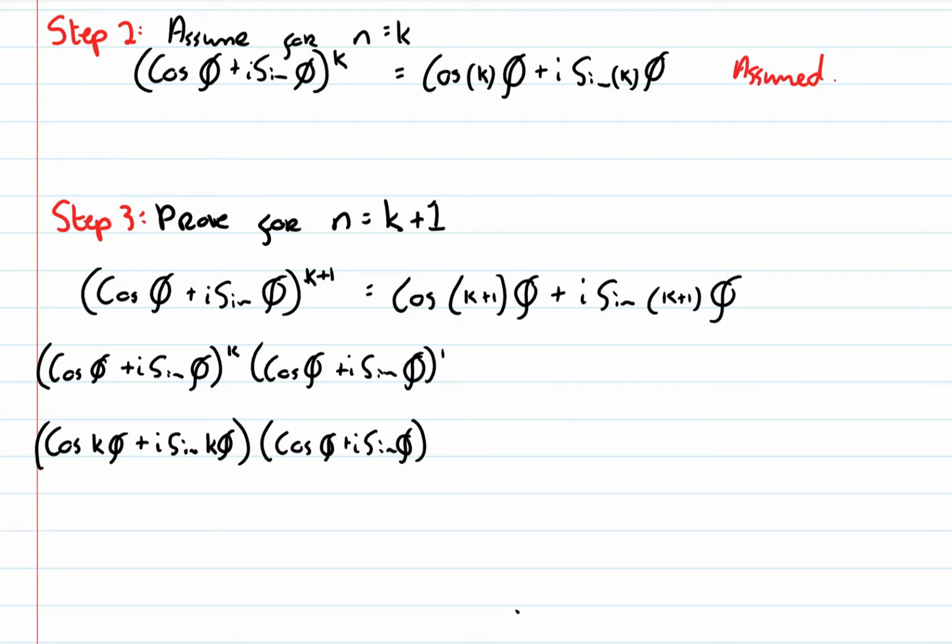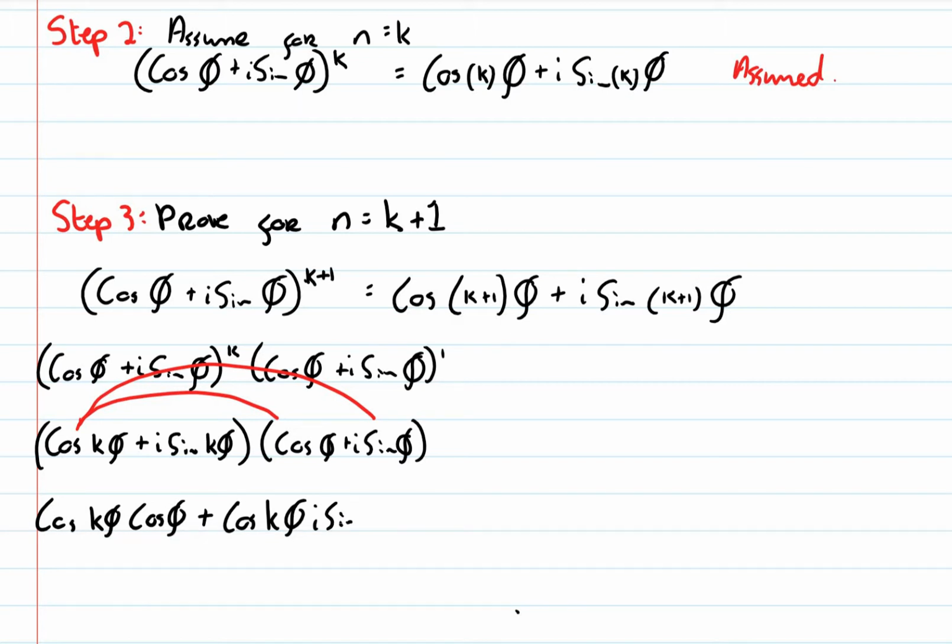So now I'm just going to multiply it out. I multiply cos k theta by cos theta, and I get cos k theta cos theta. Next I have cos k theta by i sin theta, and that's plus cos k theta i sin theta.